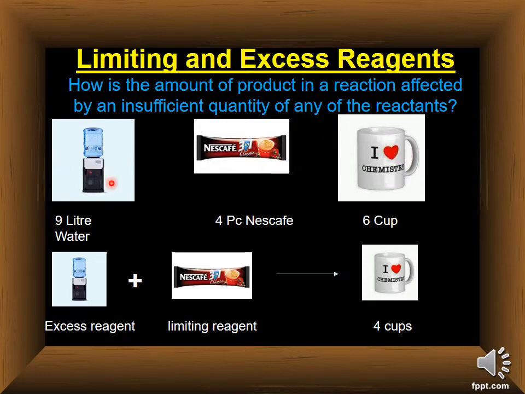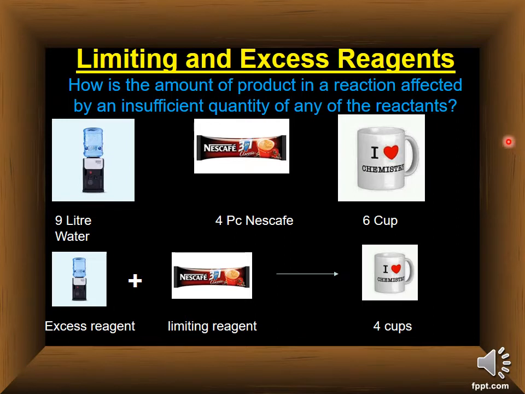So let's start. You took 1 cup first, put 200 ml of water, then 1 piece of Nescafe, and prepared 1 cup. Remember, in the previous slide I discussed that 200 ml water and 1 Nescafe give you 1 cup. So 1 cup is gone. Now the second cup: you took 1 Nescafe and 200 ml more water, then the second cup is prepared.